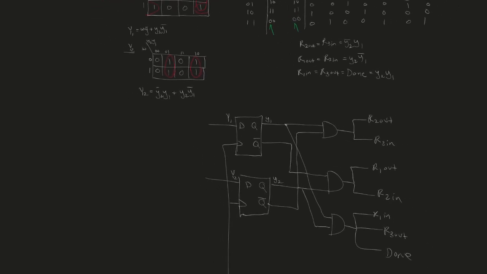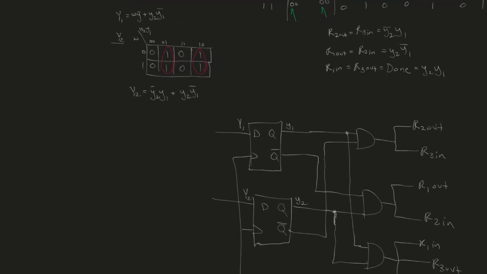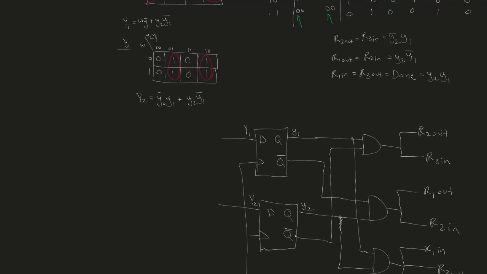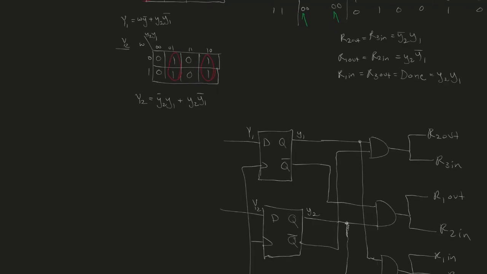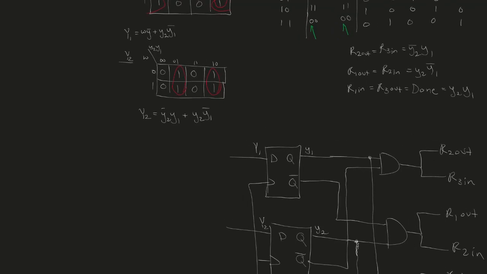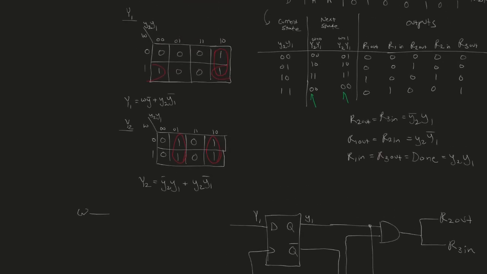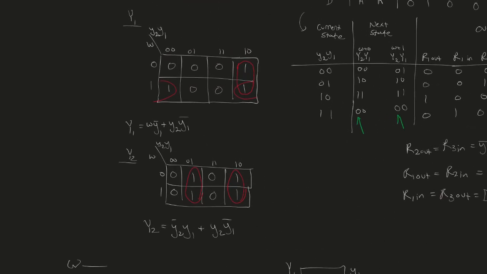Okay, let me draw this more properly. There we go. Okay, so now we have to do y1 and y2. So let's see, for y1, let's have an input called w, and oh yeah, wait, there should be a y1, there should be a 1 here. Sorry, I forgot to include the 1 there.